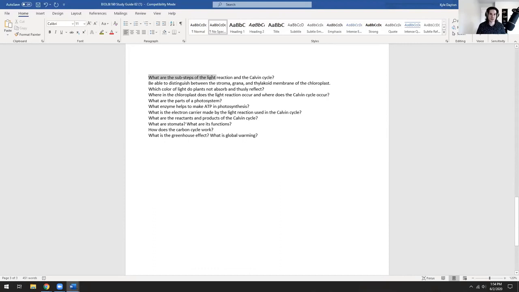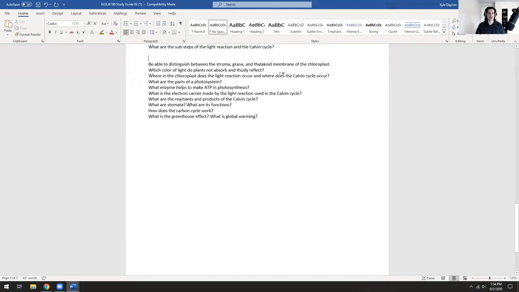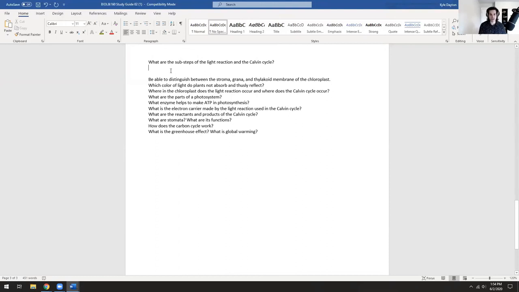What are the sub-steps of the light reaction and the Calvin cycle? I don't think I would break them down into steps. I would just separate the light reaction from the Calvin cycle.